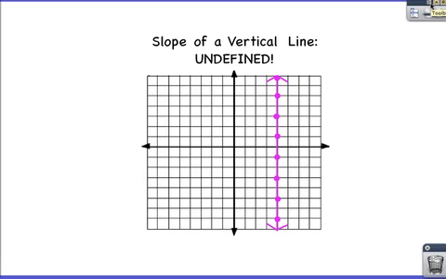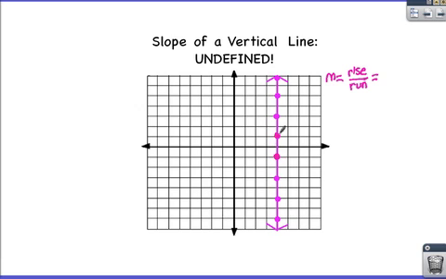Now the slope of a vertical line is actually undefined. So if you're ever asked for the slope of a vertical line, you would actually write down the word undefined. The slope is not 0. Here is why. Let's take a look at, let's say, these 2 points. Our slope, we know, is always rise over run.